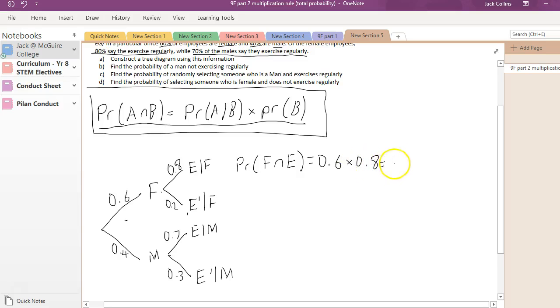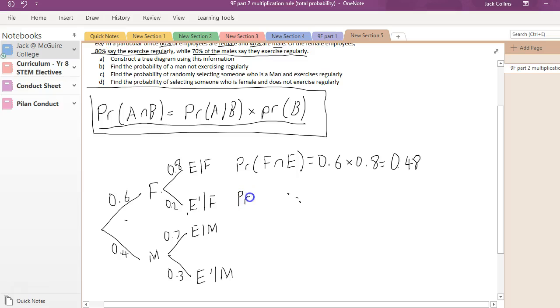So this would be in the calculator section, guys. 0.6 times 0.8 equals 0.48. So you just multiply on the branches. Have a go at filling out the rest of this, and see how you go. I'll pause for a second, have a crack, and I'll keep going to see if you got it right.